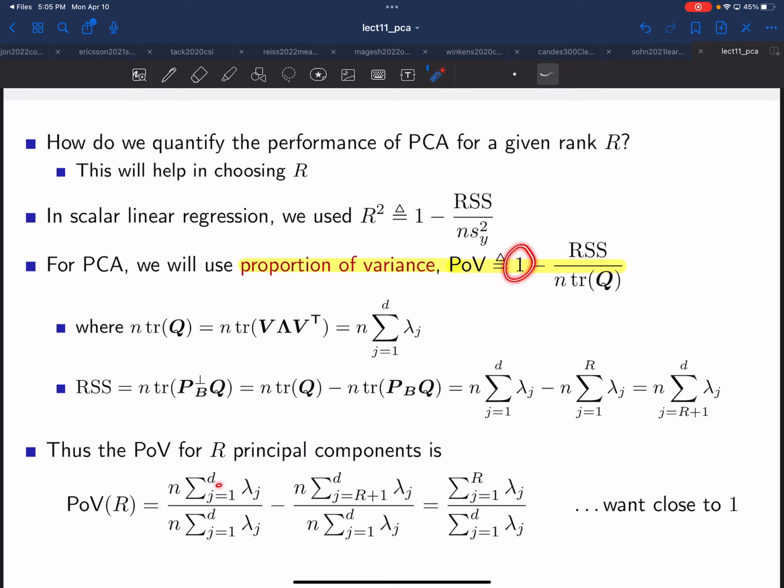The value 1, we're going to write 1 in a fancy way. Then this, we said we write it like this. And we wrote the 1 in this way so that we can have the denominators equal, so we can add those two terms. And now you can see the top is going to be the sum over all the j's minus the sum over the last j's, giving us the sum over the first j's.